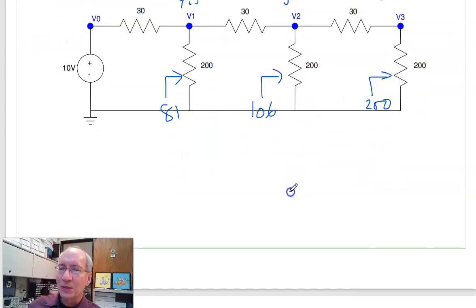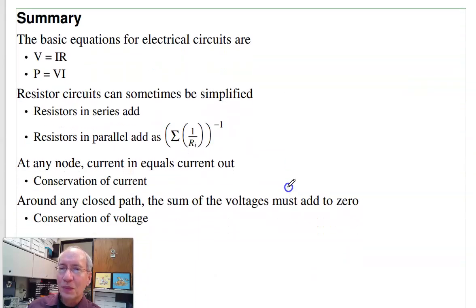HPs are pretty impressive. So that's basically week number 8. For resistor circuits, the stuff we're going to be covering at the start of Circuits 1, the basic equations are V equals IR, power is volts times amps. Resistor circuits can be simplified. In series, they add. In parallel, they add as the sum of the inverses inverted. You can do that in Matlab, but really this is more of a calculator type problem.